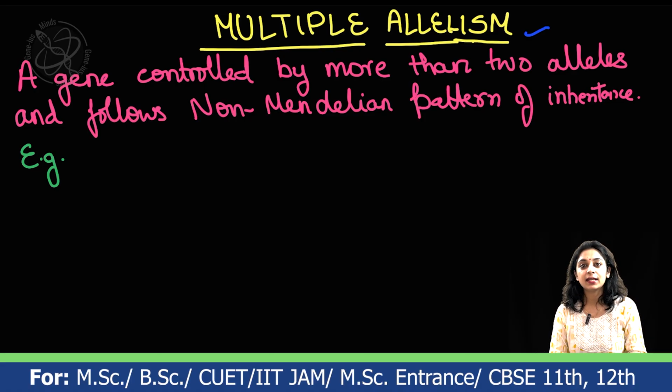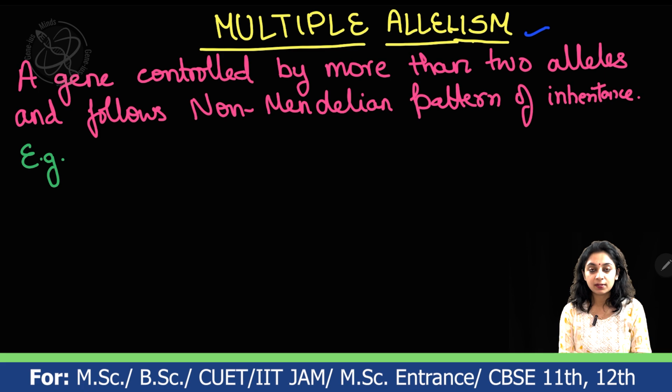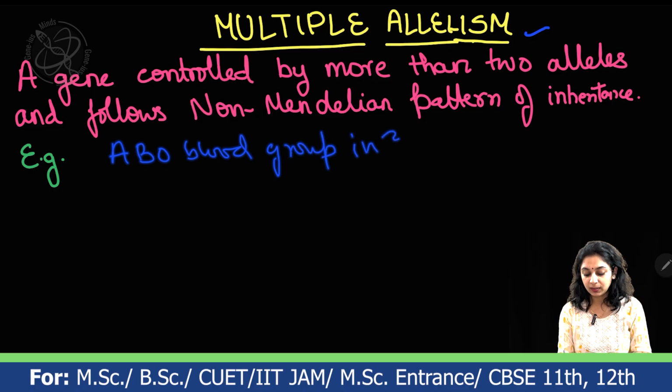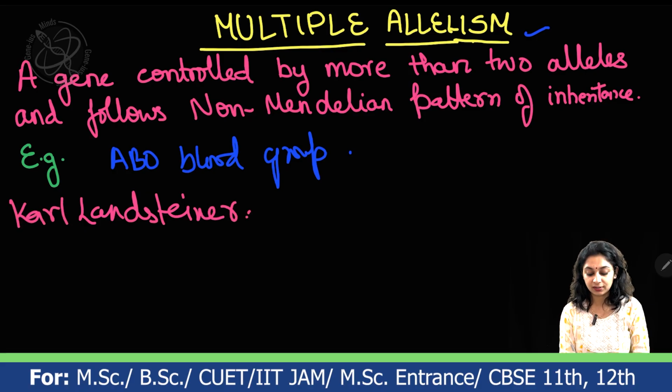So let's see one example and try to understand the concept. A very important example you can observe here is ABO blood grouping in humans. The discovery of the ABO blood group was done by Carl Landsteiner.